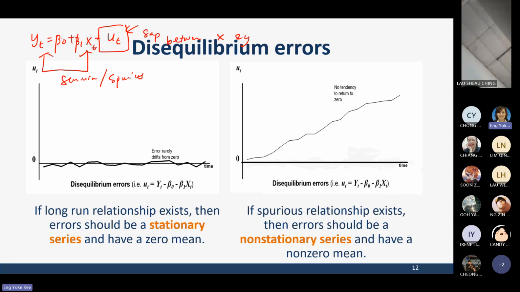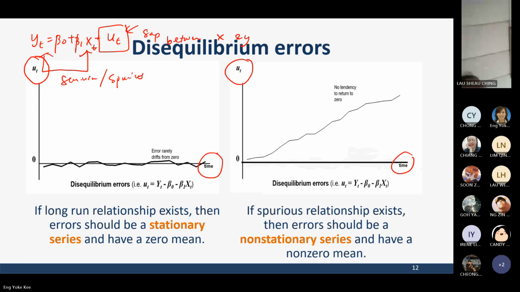Looking at this gap, look at this time plot, how the gap behaves over time. So look at these two. What can you tell from here? So this is 0, right? And then you see the gap between the two over time.